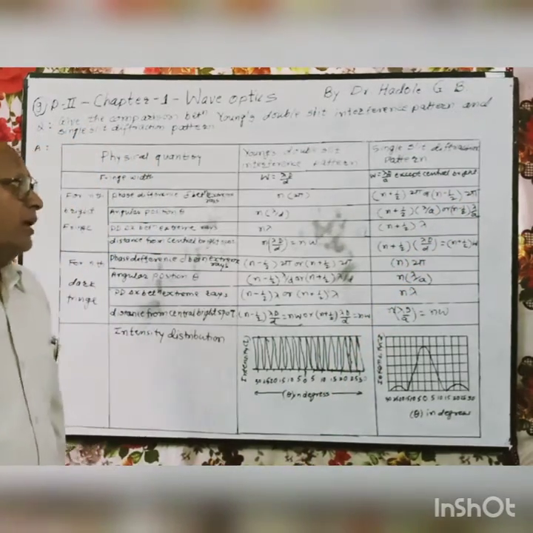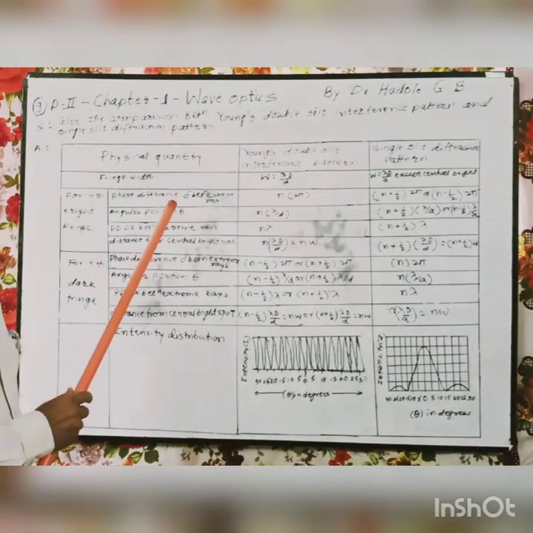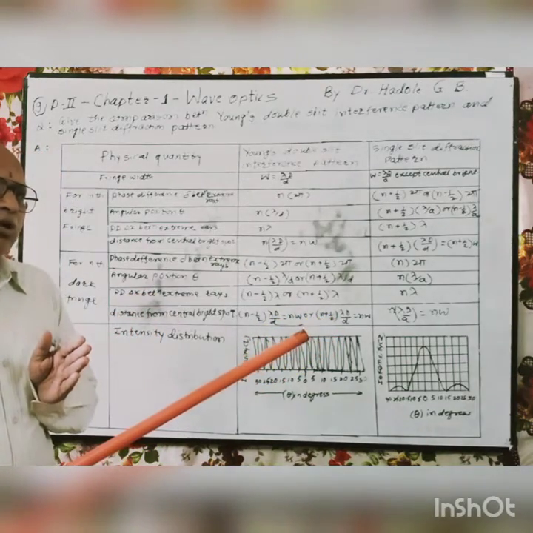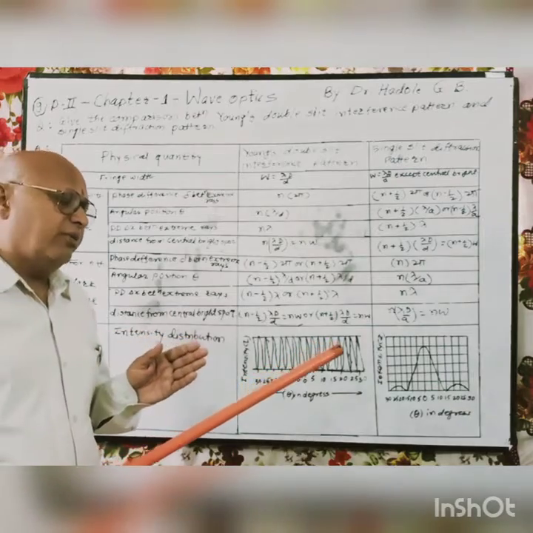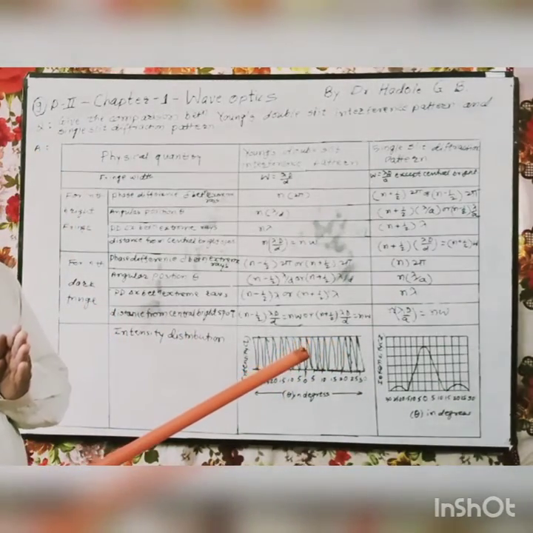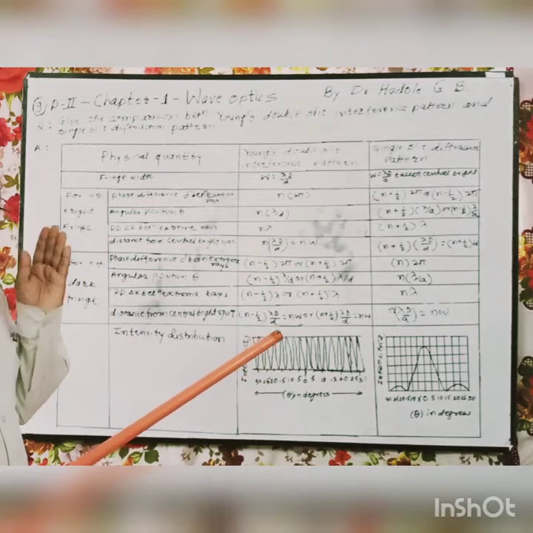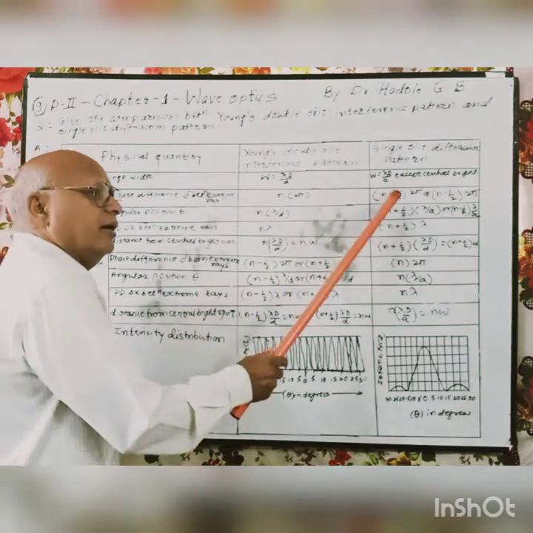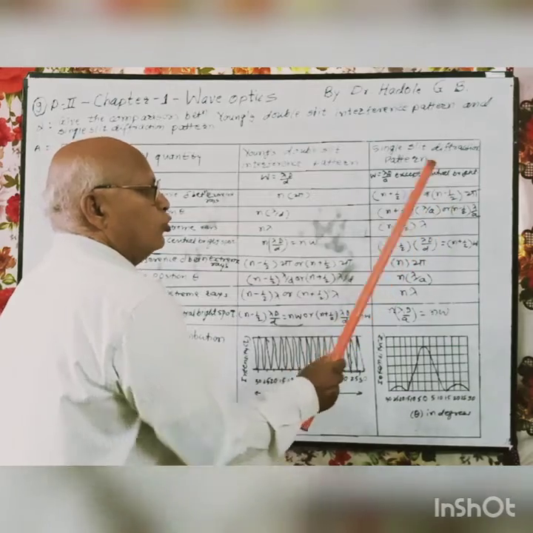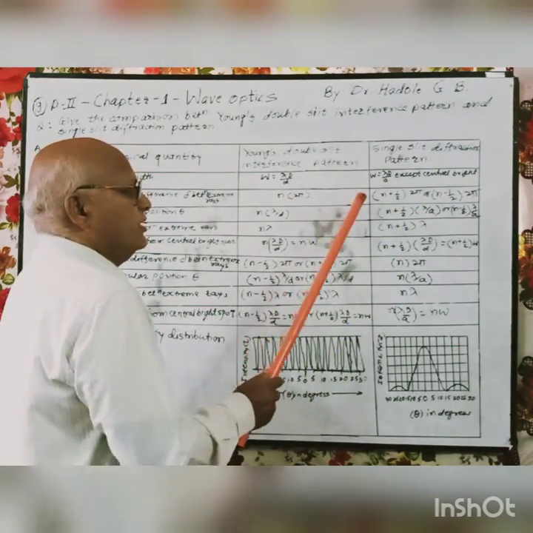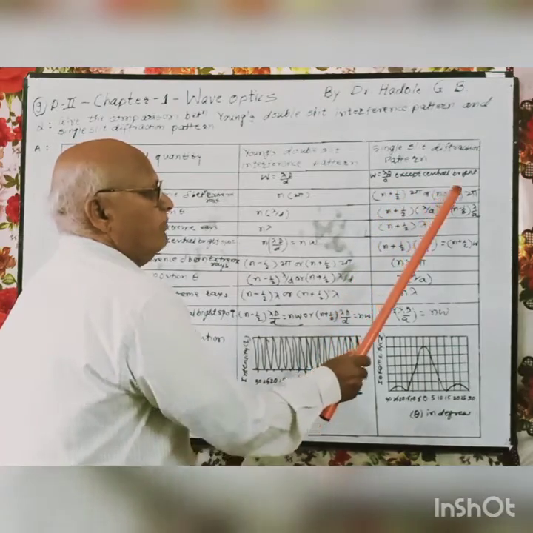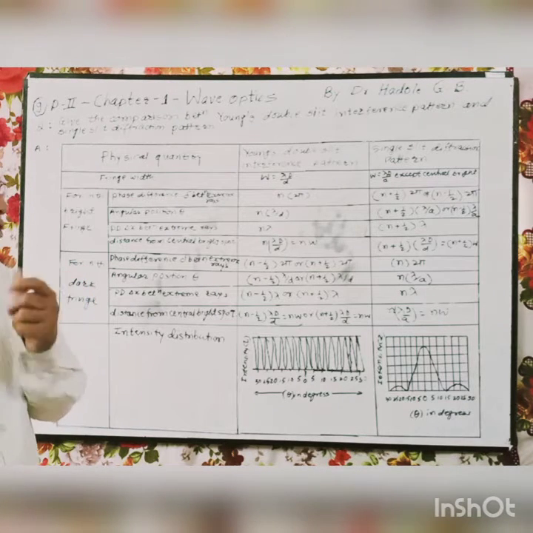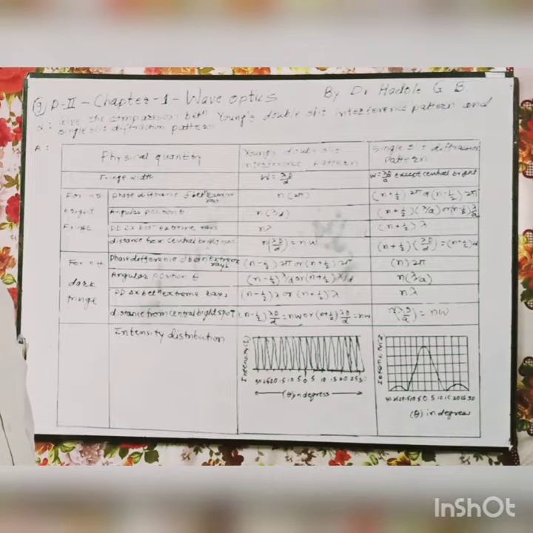We have seen that when the interference pattern forms, the path difference is an integral multiple of wavelength or an odd multiple of half wavelength, so the phase difference is an integral multiple of 2 pi or an odd multiple of pi. These two factors, n plus 1 by 2 and n minus 1 by 2, represent the odd integer.